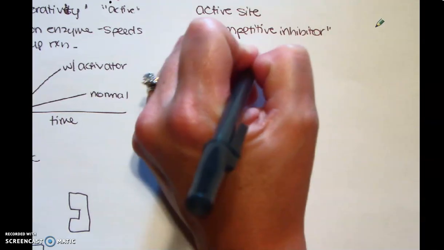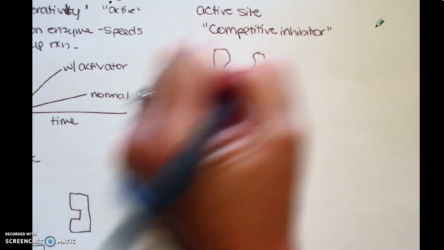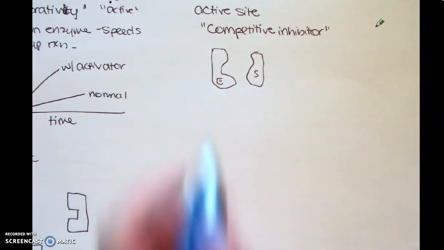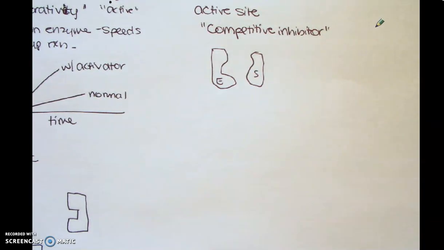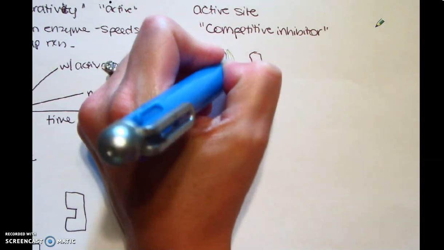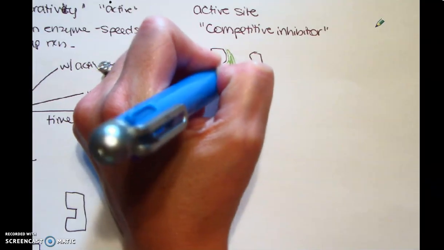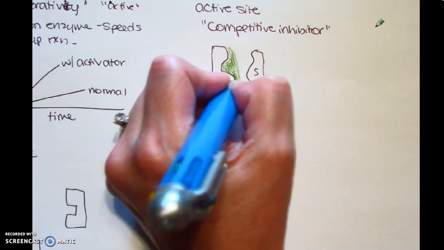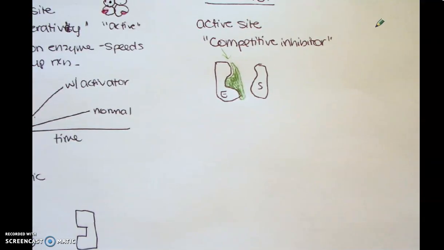So let's say that this is, those aren't very good, but anyway, enzyme and substrate. And what you see, let's do the inhibitors in a different color. You see this inhibitor come in and bind and literally gets in the way of the substrate binding. So it physically blocks the binding. That would be a competitive inhibitor.